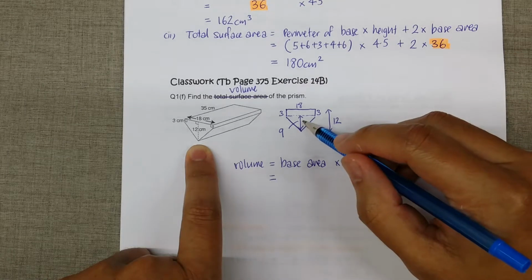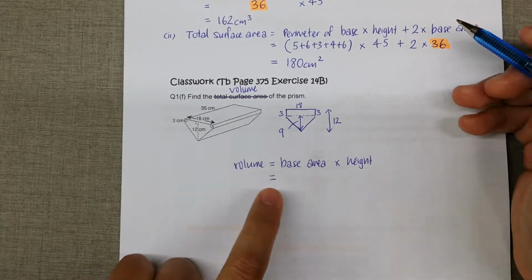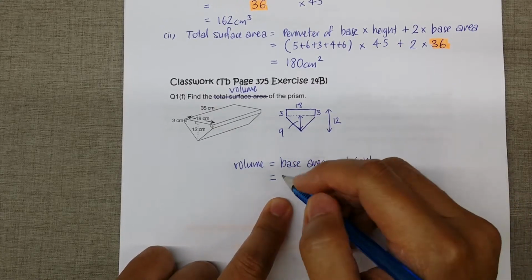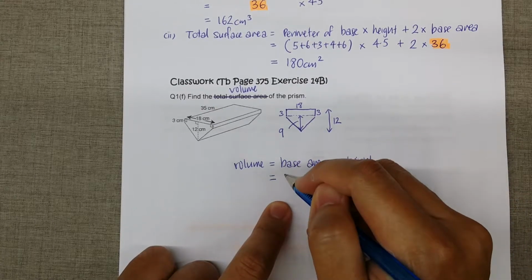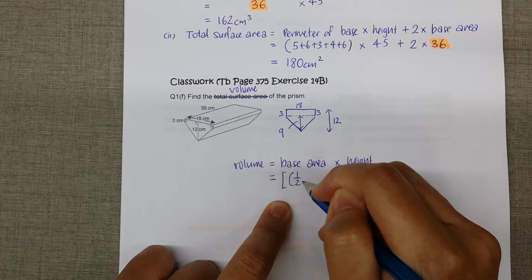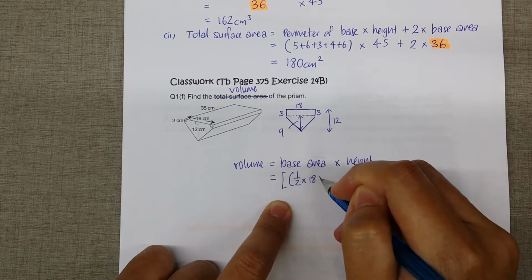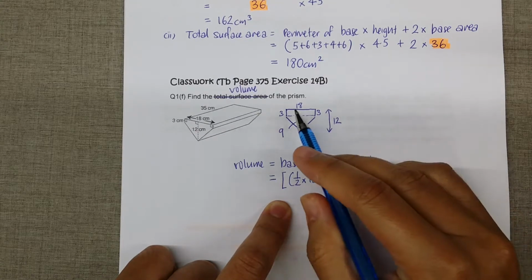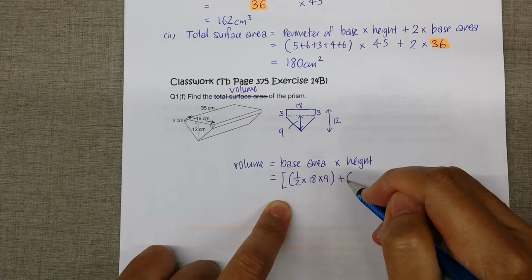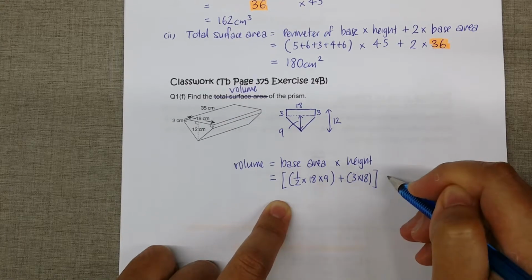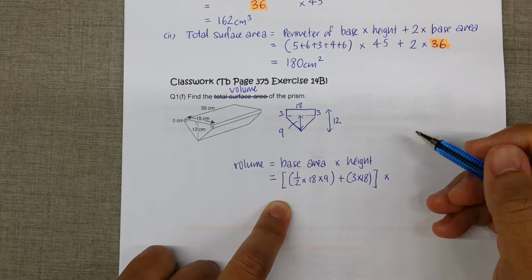Okay, the perpendicular height of the triangle. So with that I can find the base area, which is this pentagon. Base area will be a triangle, half times 18 times 9, plus a rectangle, 3 times 18, times the height.